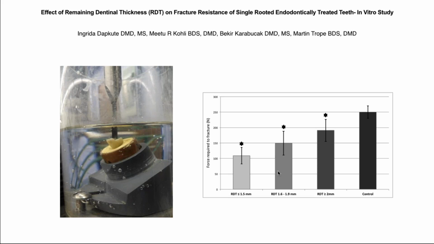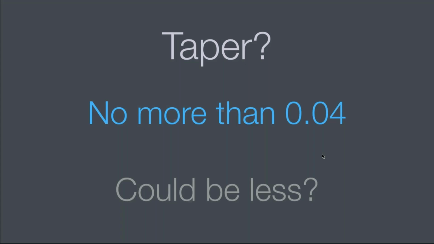So the question is, how small can we make the taper and still have a biologically clean canal? And really, the coronal 2/3 of the tooth is easy to clean, both physically and with irrigation. So we'd like a minimum taper. And the taper we're suggesting today is 0.04, and it could be less.